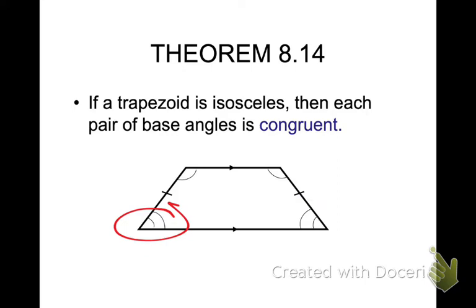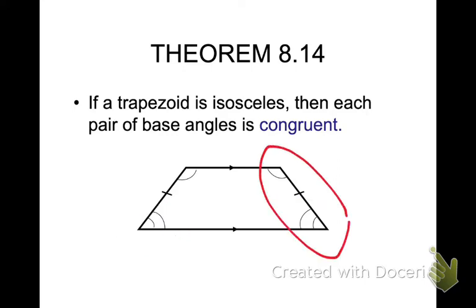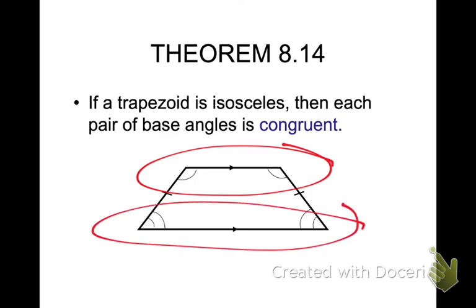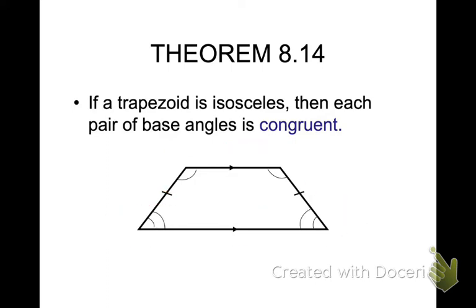We also know, since we do have one set of parallel sides, I've got consecutive interior angles here, and I've got consecutive interior angles here. We know that if lines are parallel, then consecutive interior angles will be supplementary. So I know I still have some supplementary angles there. It's just that, unlike in a parallelogram, these will not be supplementary to each other. Neither will these. But they will be congruent if it's isosceles.